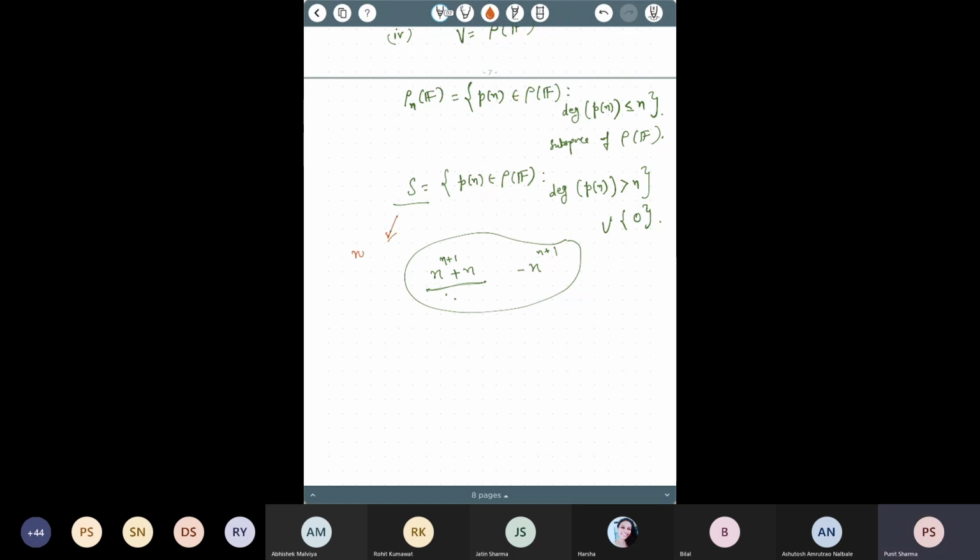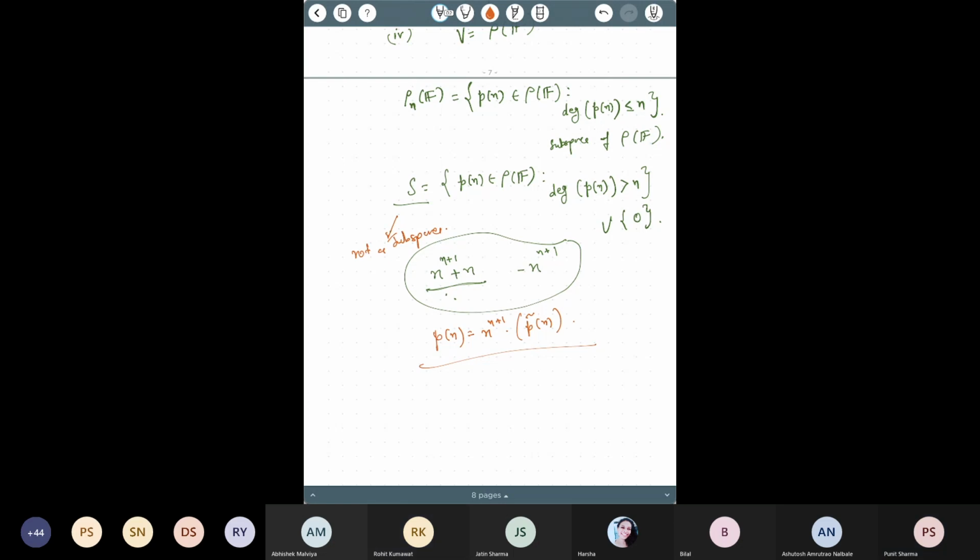But now what you are saying is that if all the elements of P are of this form, generated by x^(n+1) and so on, then it makes a subspace.